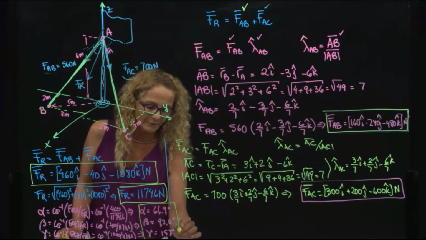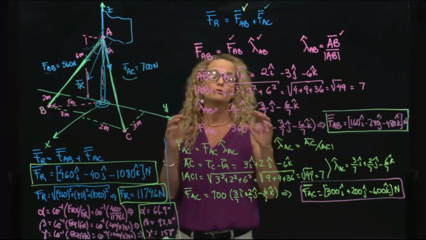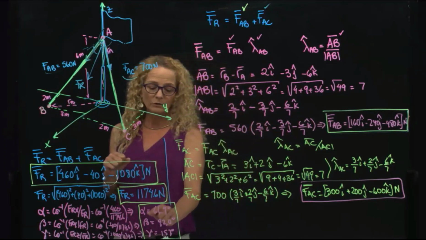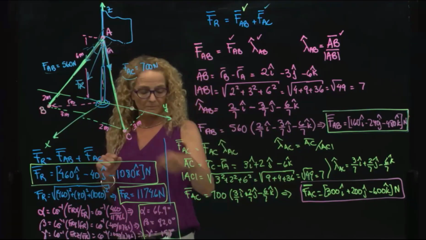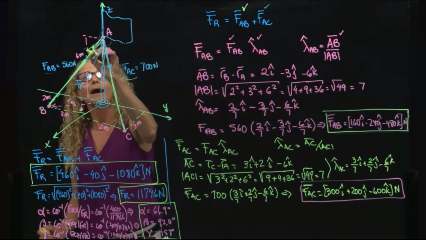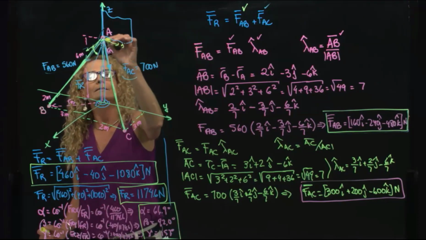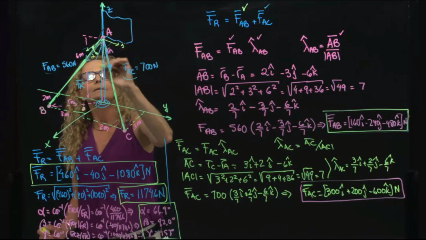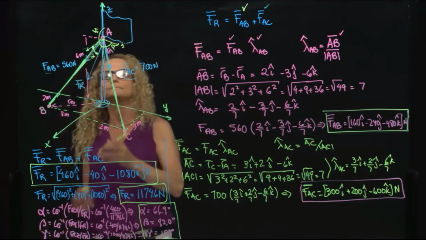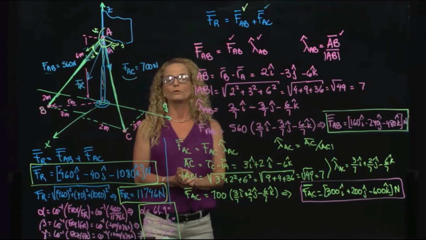So those are the 3 values of the angles that will allow me to construct the cosine vector. These are the values of the angles between the resultant force and my axes. This is parallel to the x-axis, this is parallel to the y-axis, and this one. So this will be alpha, this will be beta, and this over here will be gamma. And this is the solution of this problem.